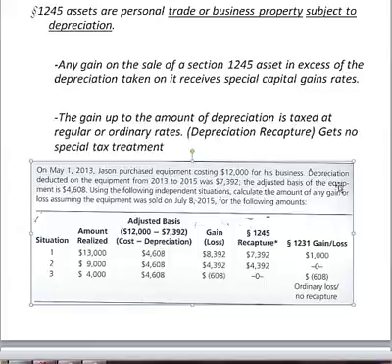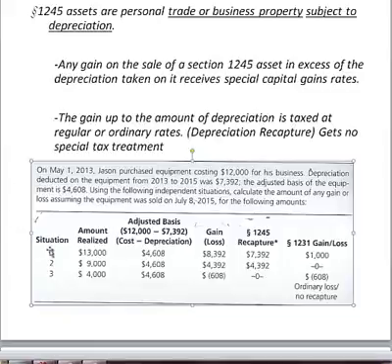So the adjusted basis of his equipment is $4,608. So the equipment cost $12,000, but we've taken depreciation, so the basis has been lowered all the way down to $4,608. Now we're going to look at some independent situations where there was a sale of this equipment.